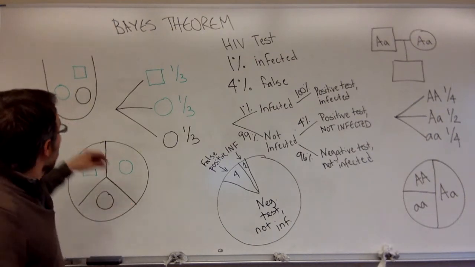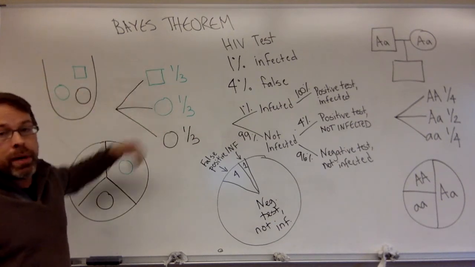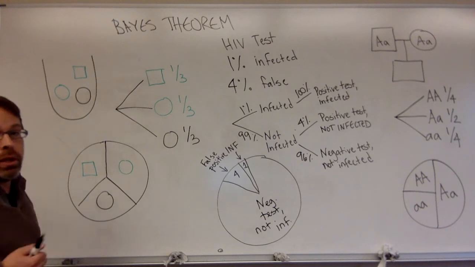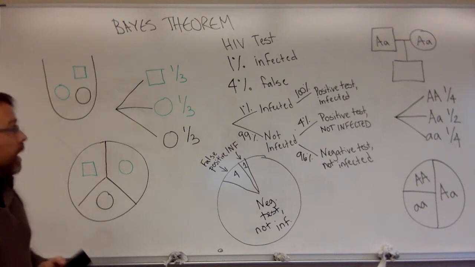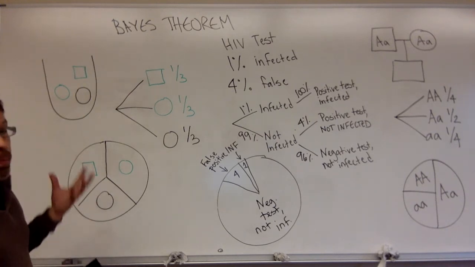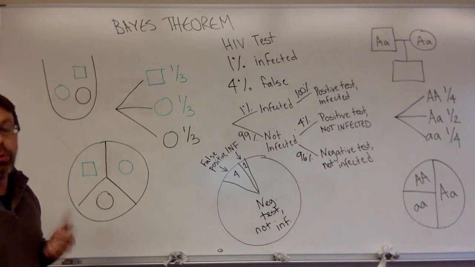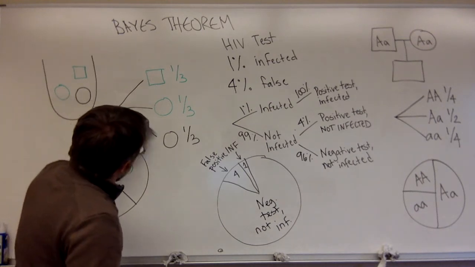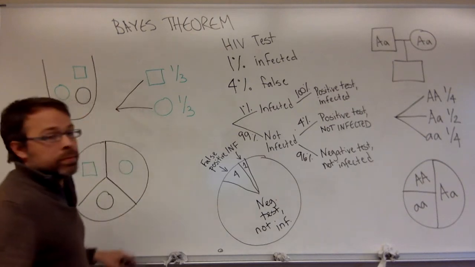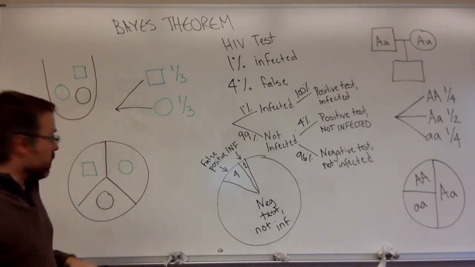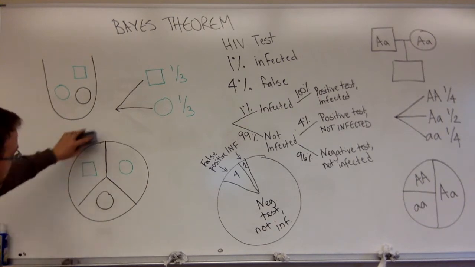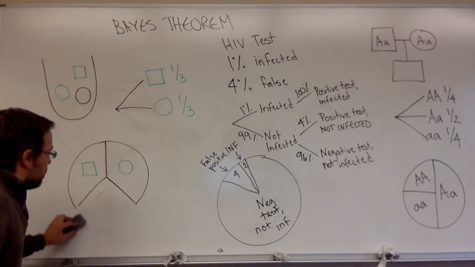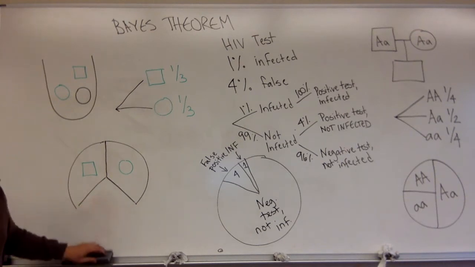Okay, so how does this work? We start and we have these three possibilities. Then I tell you, you reach into the urn and you grab something and it's a green object. What's the chance that it's round? What that means basically is that we can erase this one. Or if we do it from the pie chart, we can erase this one, because we know this didn't happen.